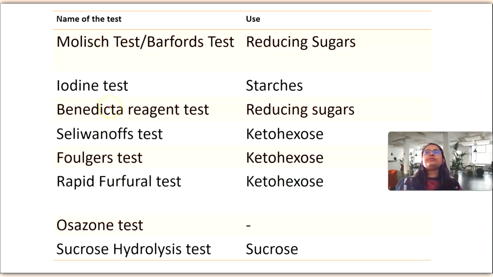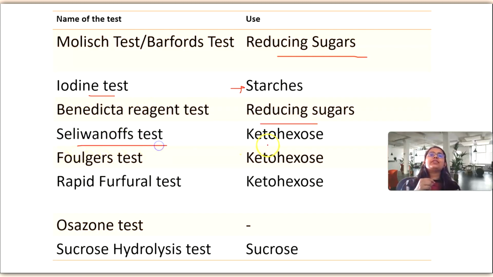Okay. And then next is again the carbohydrate tests. Here you can see the Molisch test, also called the Barfoed test. It is used for the identification of reducing sugars. You should know examples of reducing sugars and non-reducing sugars, so you have to study that. Then the iodine test, mostly for starch identification. Then the Benedict reagent test, again for reducing sugars.